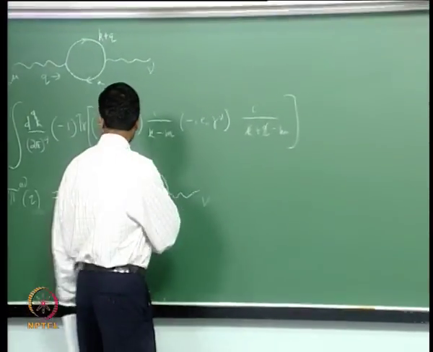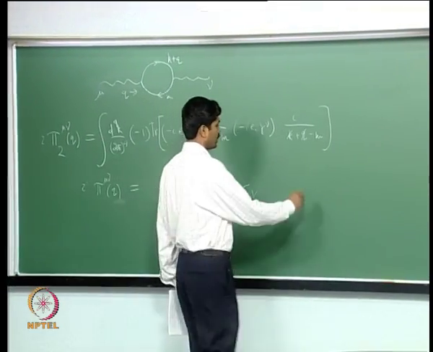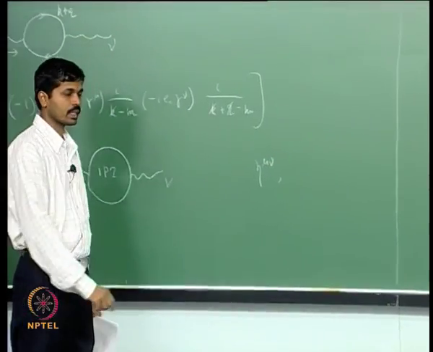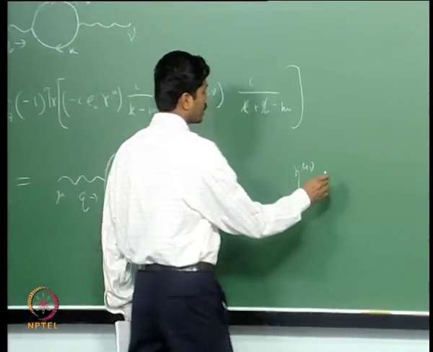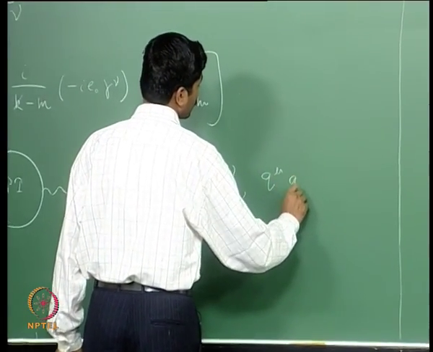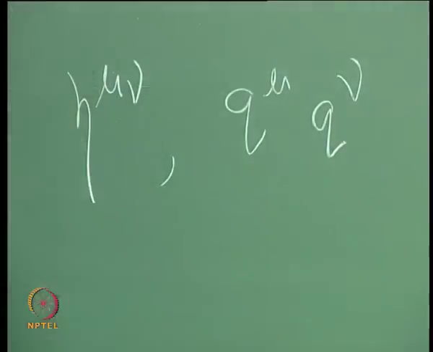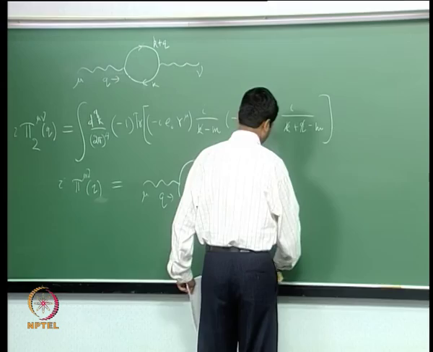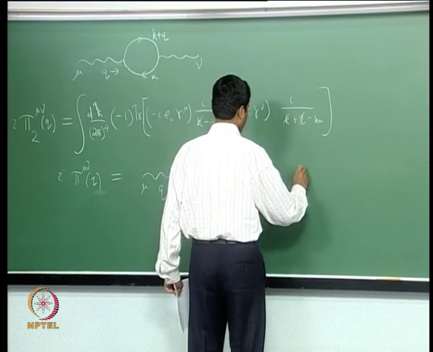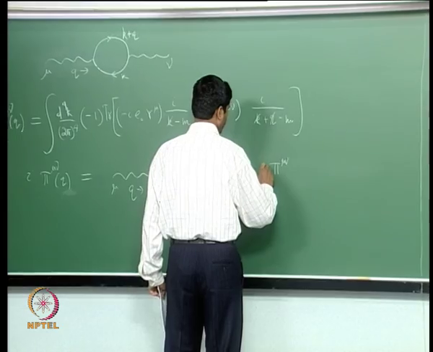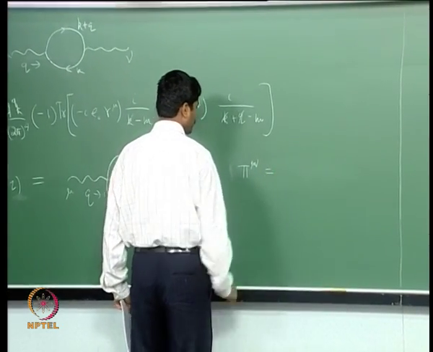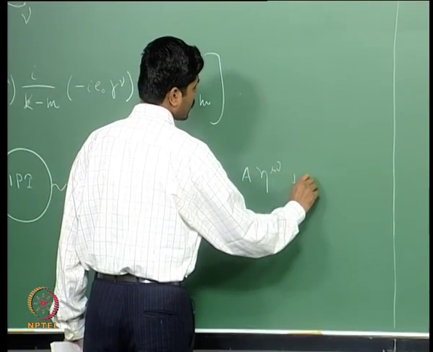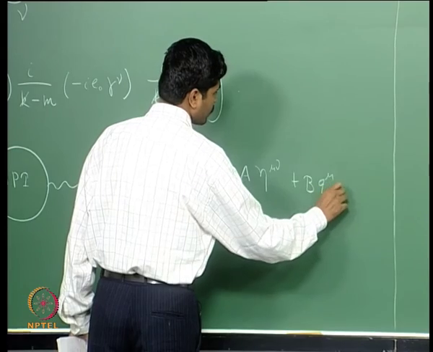So, the things it can contain are eta^{mu nu}, which is a symmetric second rank tensor, and in addition q^mu times q^nu. So, the most general form for pi^{mu nu} will be A times eta^{mu nu} plus B times q^mu q^nu.